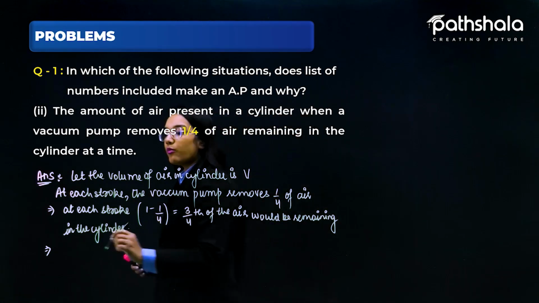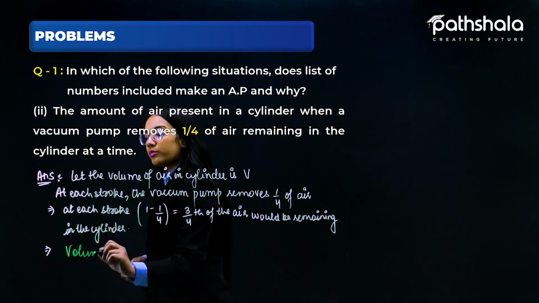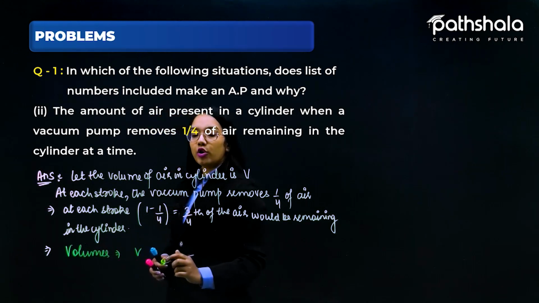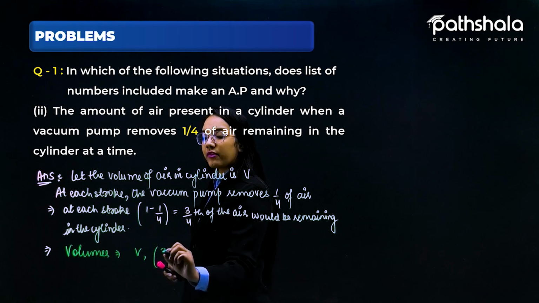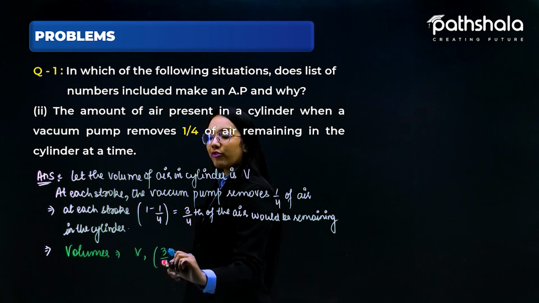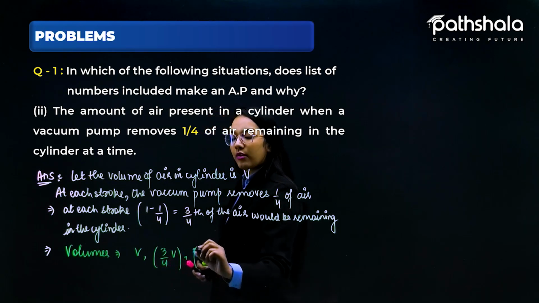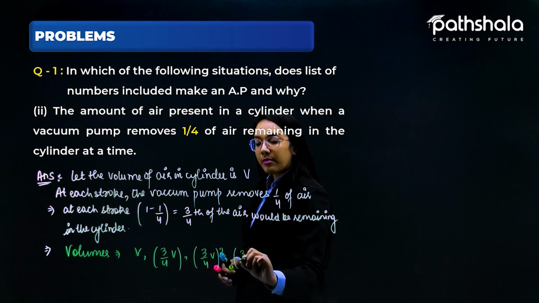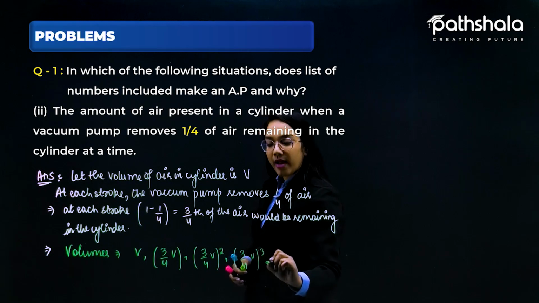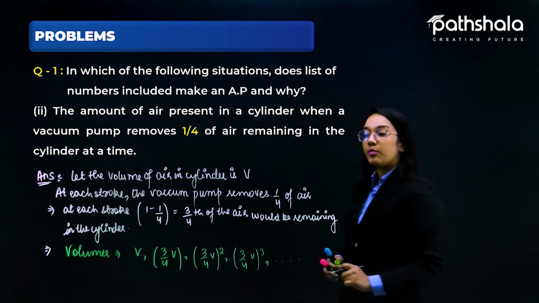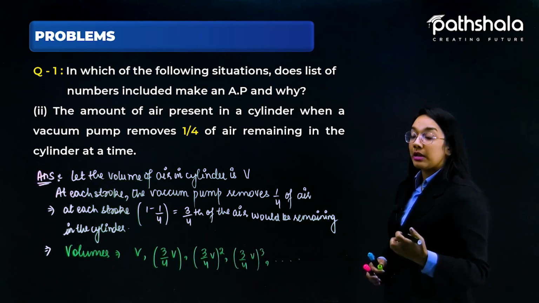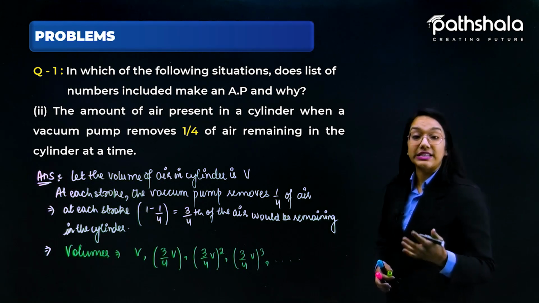So the volumes would be: for the first, V; for the second, 3/4 of V; then (3/4)^2 of V; then (3/4)^3 of V, and so on. This represents the amount of air present in the cylinder.